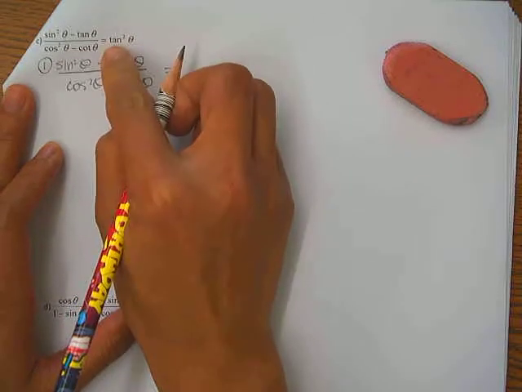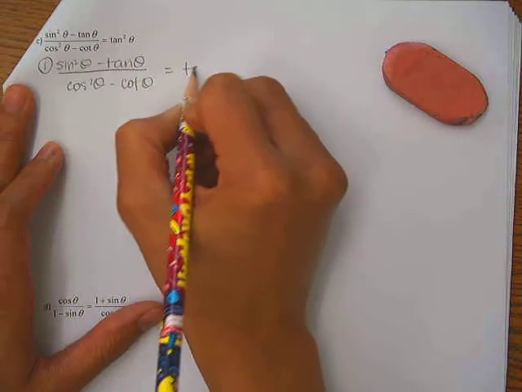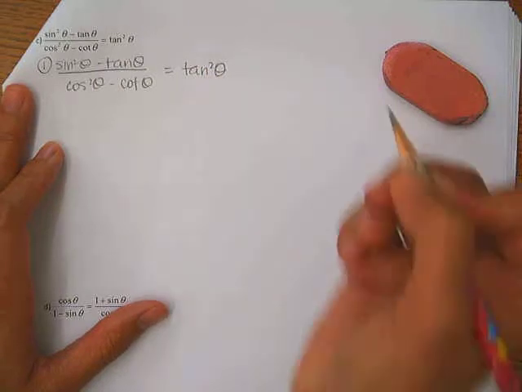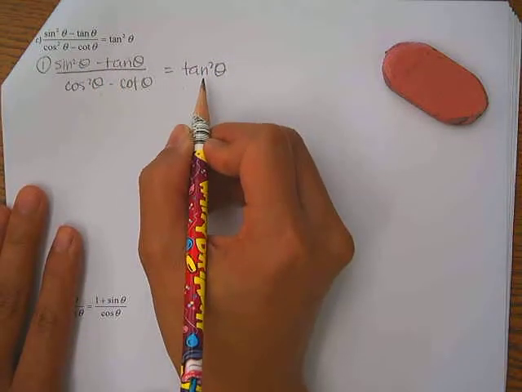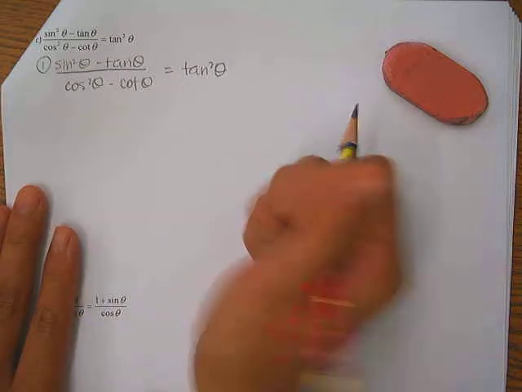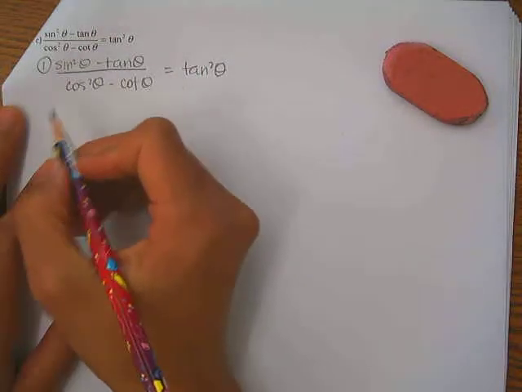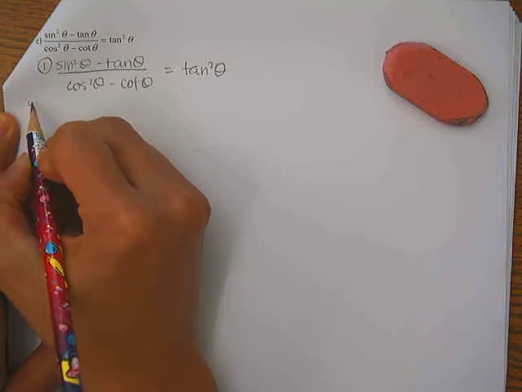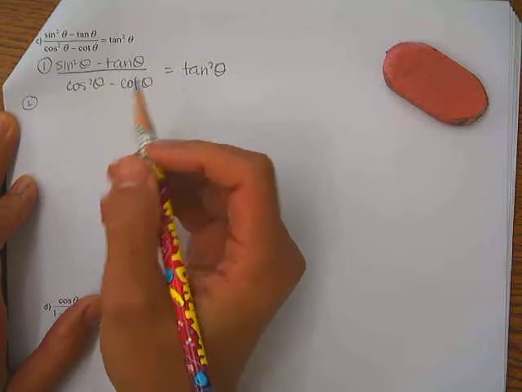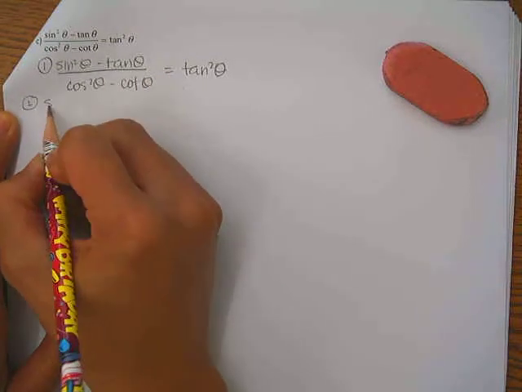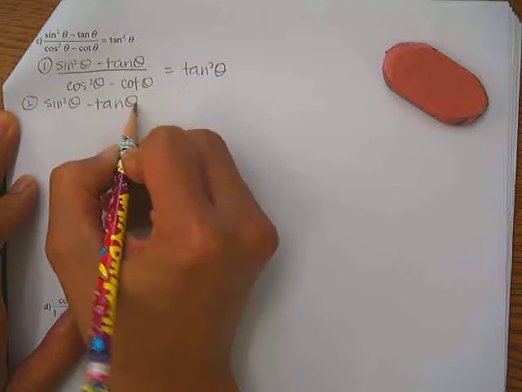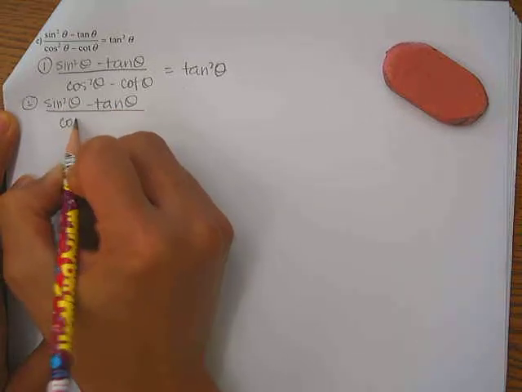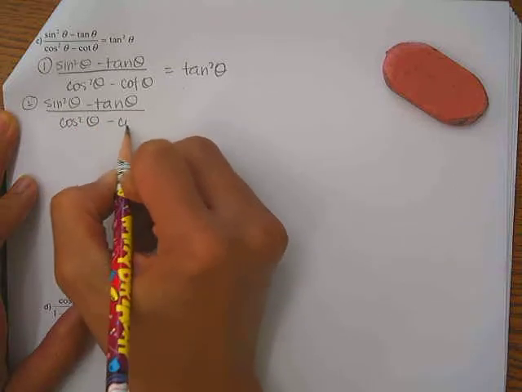And my goal is to get to nice and simple tangent square of theta. If you want to go from there to here, by all means, you can choose, but I can probably tell you that it's more difficult to do so. So let's start from the heavier side, sine square of theta minus tangent of theta all over cosine square of theta minus cotangent of theta.